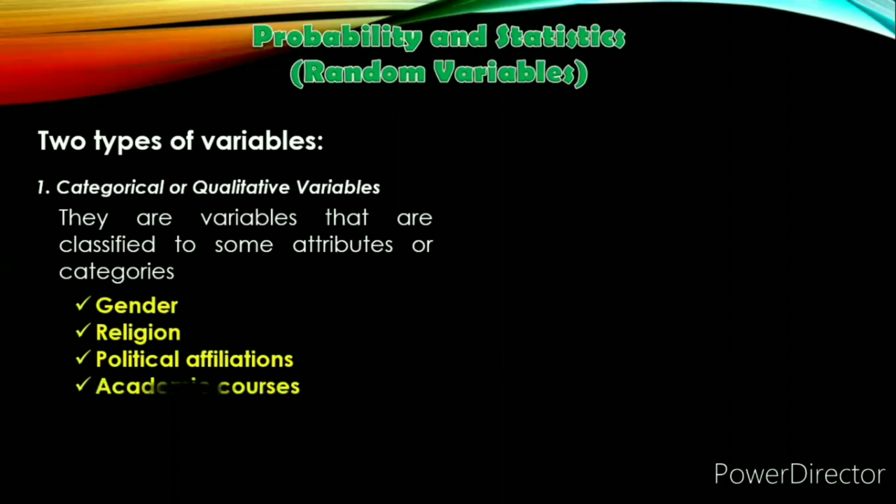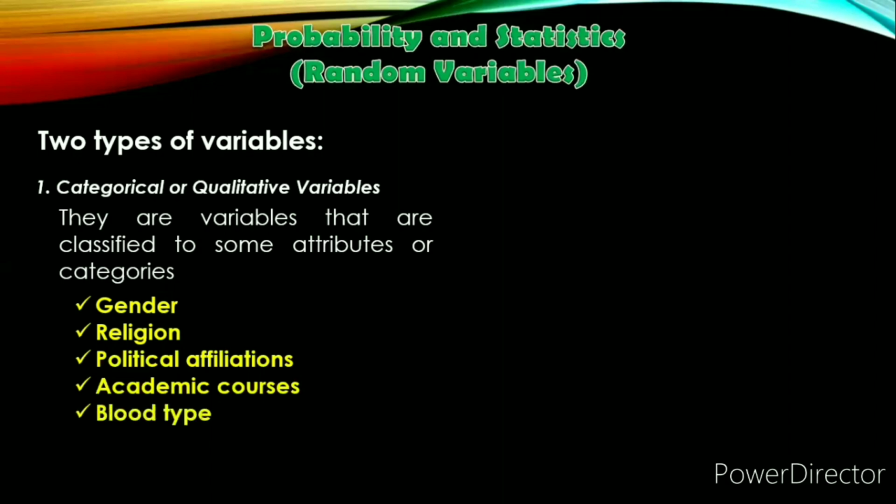Another is academic courses. There are many examples of academic courses. You can take teachers, criminology, engineering, and so on and so forth. These words or phrases are the best example of categorical or qualitative variables. And the blood type.